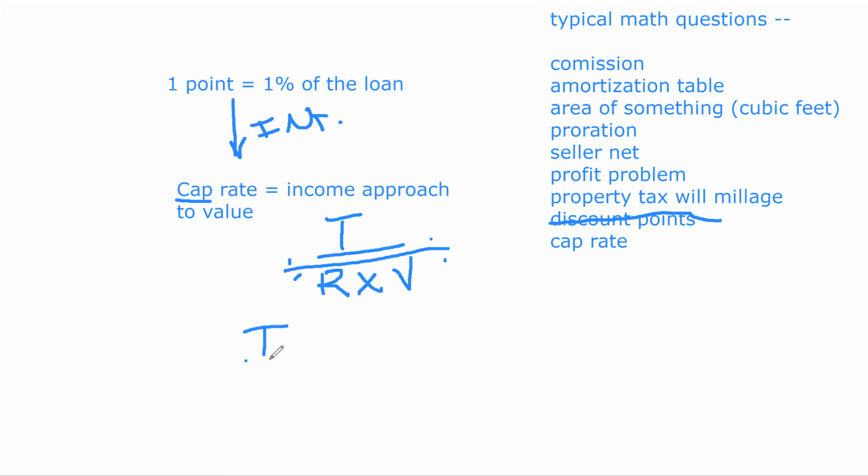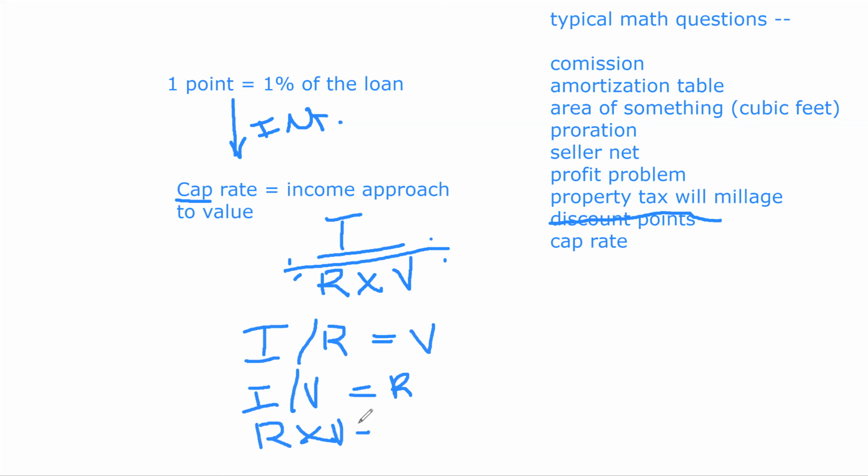That means income divided by the cap rate equals value. Income divided by value equals cap rate. Cap rate multiplied by value yields income, okay? Yields the income.